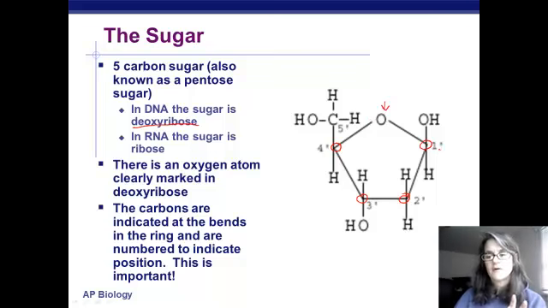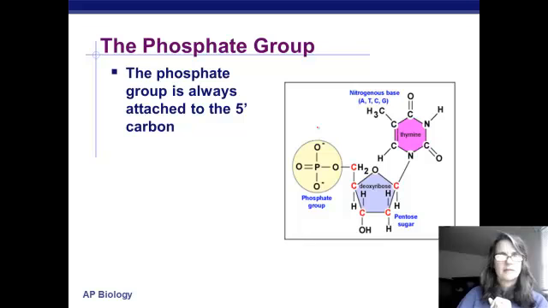It is called the 1', then the second is the 2', 3', 4', and then this one that's sticking off is the 5'. This is important. You need to know about this carbon being the 3' carbon and this carbon being the 5' carbon. Okay? Please keep that in mind.